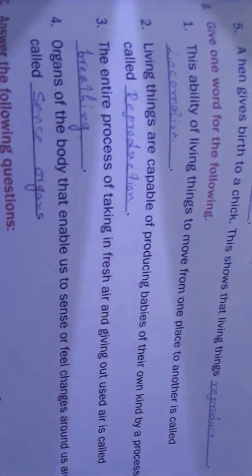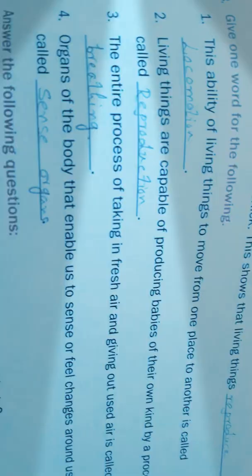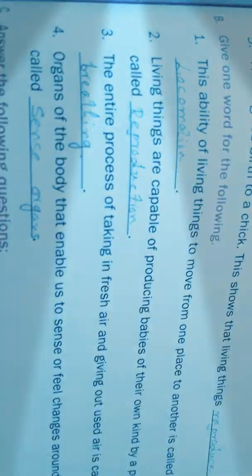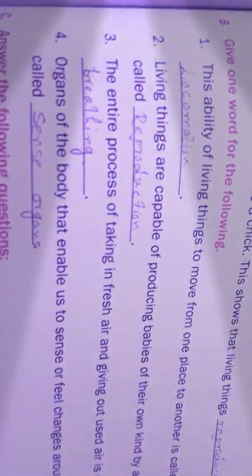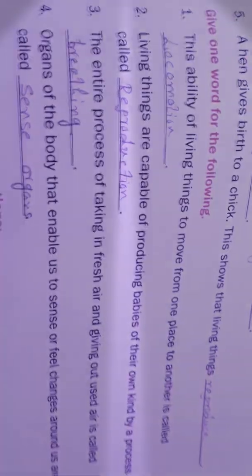What are those one-word answers? First one. This ability of living things to move from one place to another is called, come on, say it, locomotion. What is the spelling of locomotion? L-O-C-O-M-O-T-I-O-N, locomotion. And second one, living things are capable of producing babies of their own kind; the process is called reproduction.